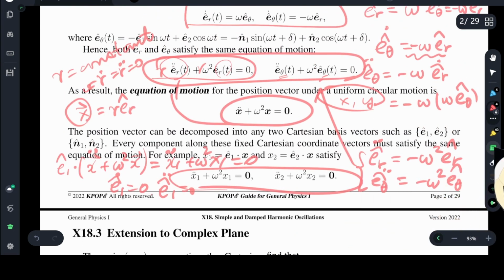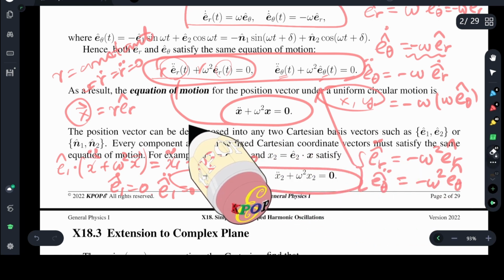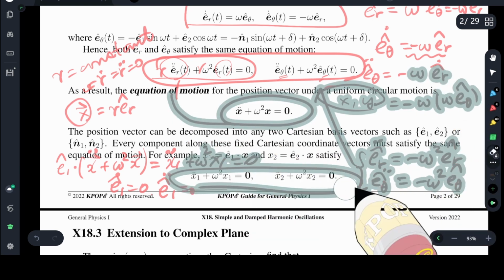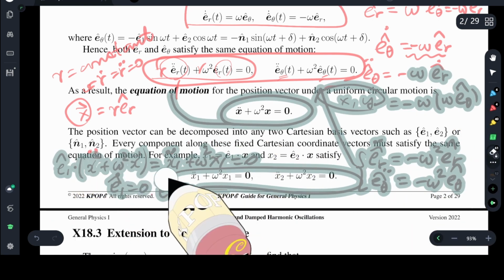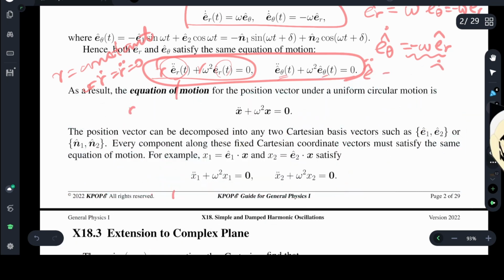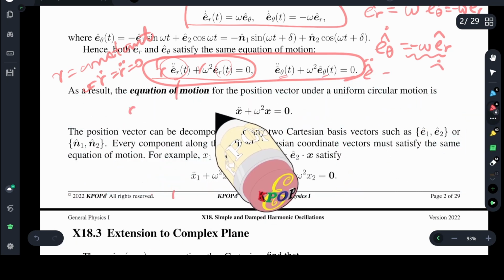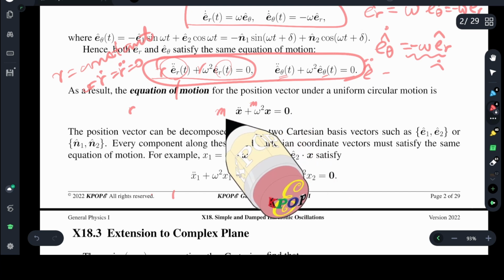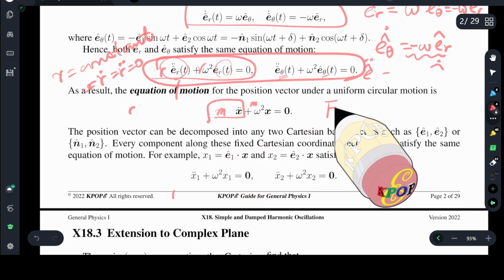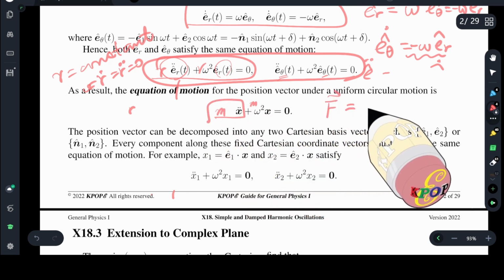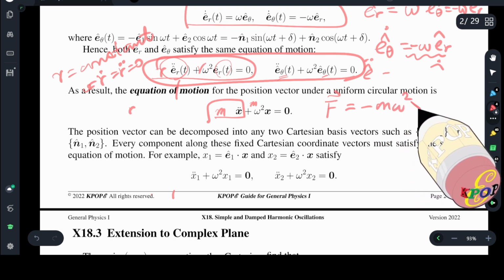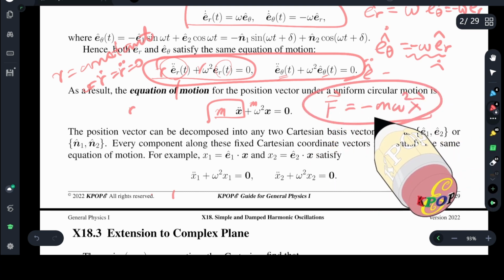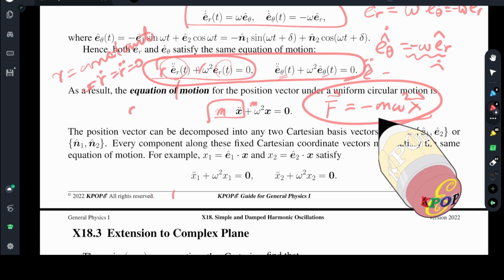Why don't we multiply by mass? Because we know Newton's second law of motion. We multiply mass here, mass here. What is mass times acceleration? This is force. Move this one: minus m omega squared x. This is the equation of motion, Newton's law of motion.